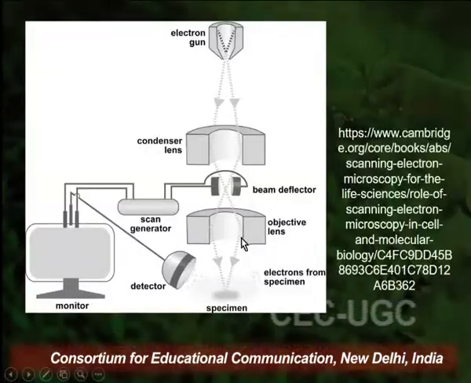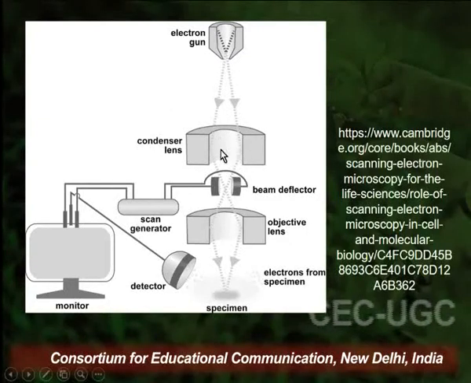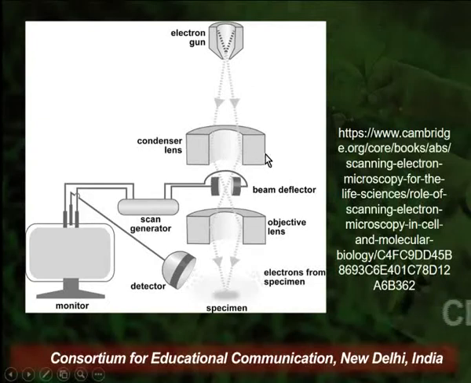We can understand this entire process with the help of this schematic diagram, where we can see that the electron gun emits the beam of electrons, and the condenser lens further focuses these electrons in the form of a beam, and then it passes through the objective lens before it hits the specimen.